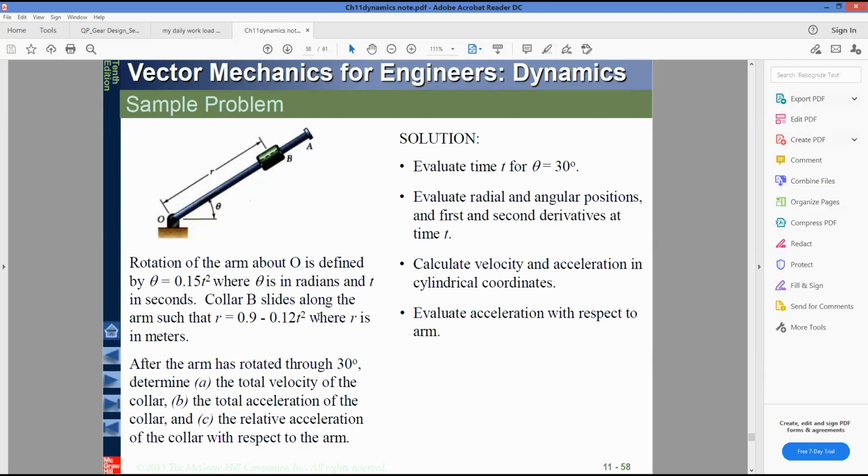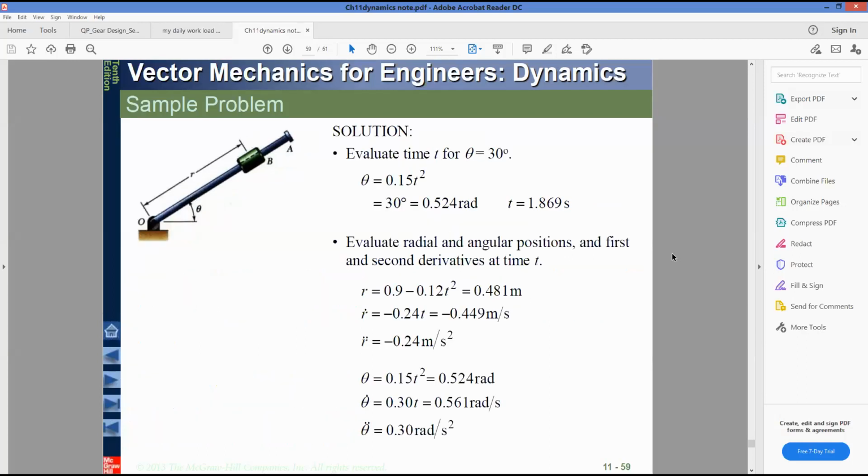To solve this type of problem, first evaluate the time t required to rotate through an angle of 30 degrees. The second step is to evaluate the radial and angular position and their first and second derivatives with respect to time.